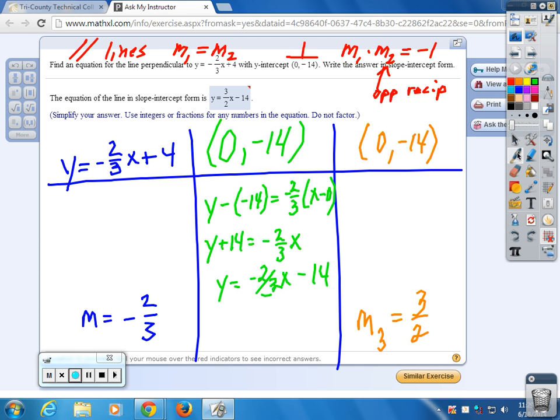From on top, is that x minus 1? When you were doing the y minus, x minus 0.